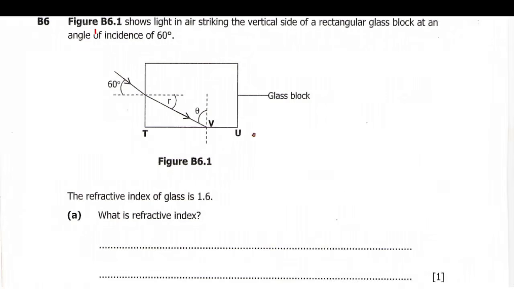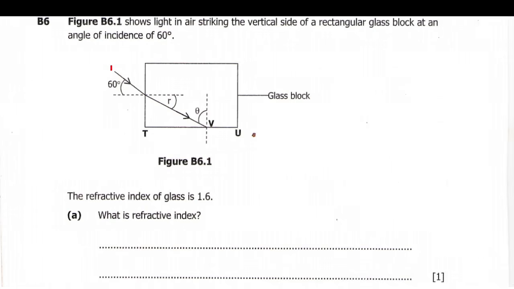Then B6 reads, figure B6.1 shows light in air striking the vertical side of a rectangular glass block at an angle of incidence of 60 degrees.